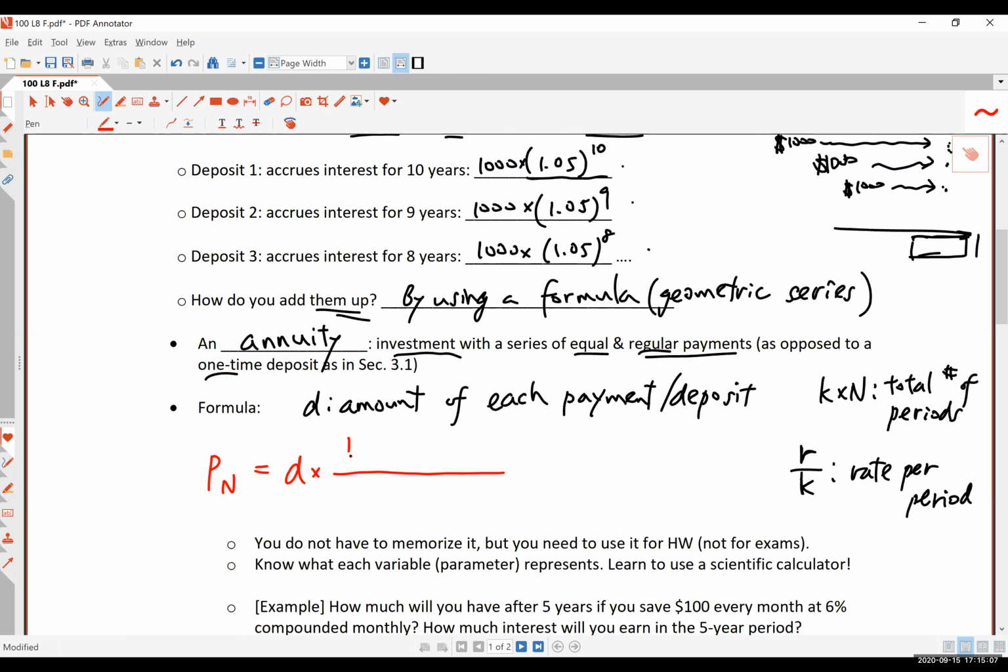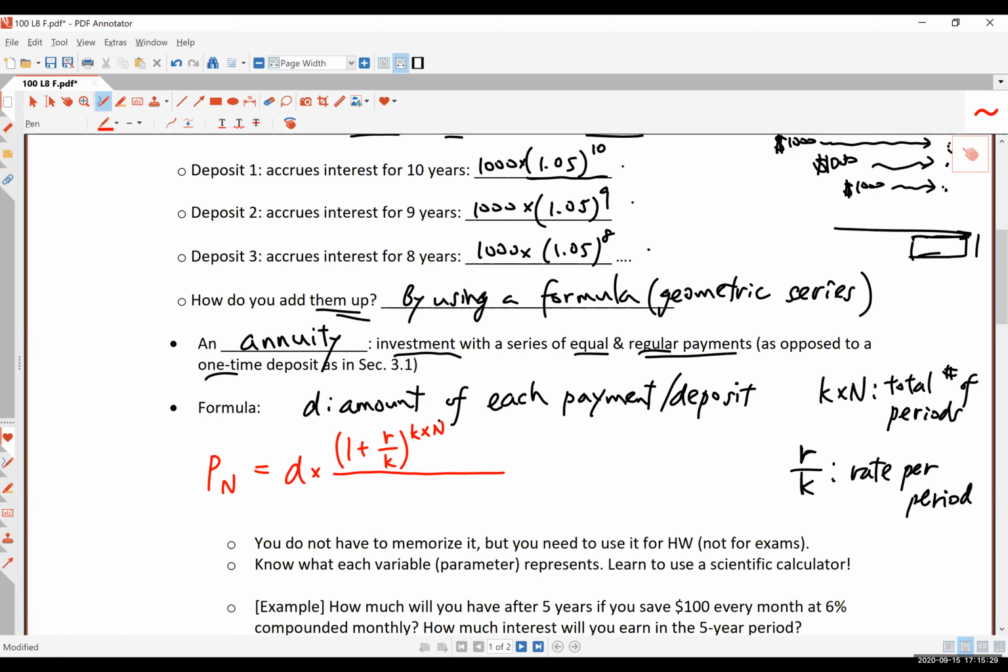Ready for this? 1 plus R divided by K. Now you have seen this thing before. This will be 1 plus the rate per period. It's typically like 1.005 or 1.003333 or something. And then you raise it to the K times Nth power. That's the number of compounding periods you saw.